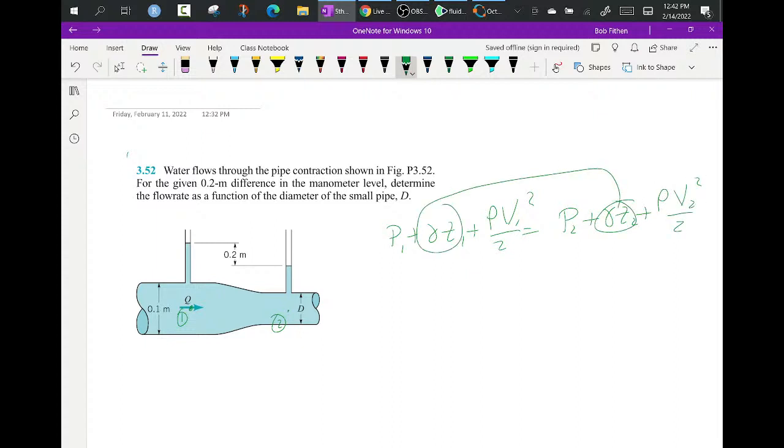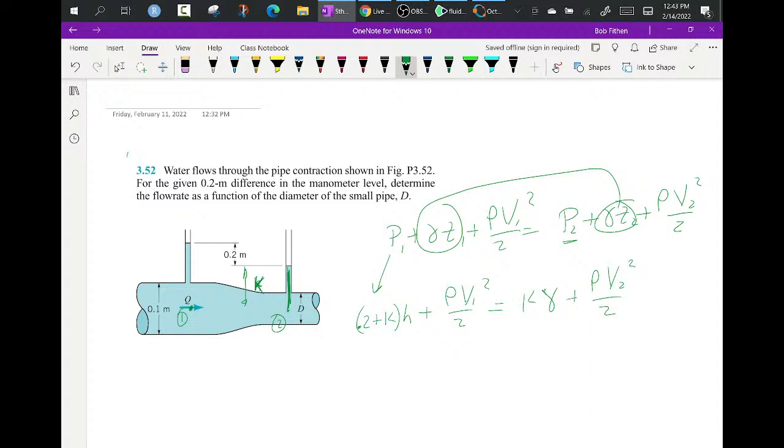Elevations are the same. Pressure at P1 is some distance K, so that's going to be 0.2 plus K times gamma, the pressure at 1, plus rho V1 squared over 2 is equal to, guess what the pressure at 2 is? The column of water above it, or K, and gamma, plus rho V2 squared over 2.